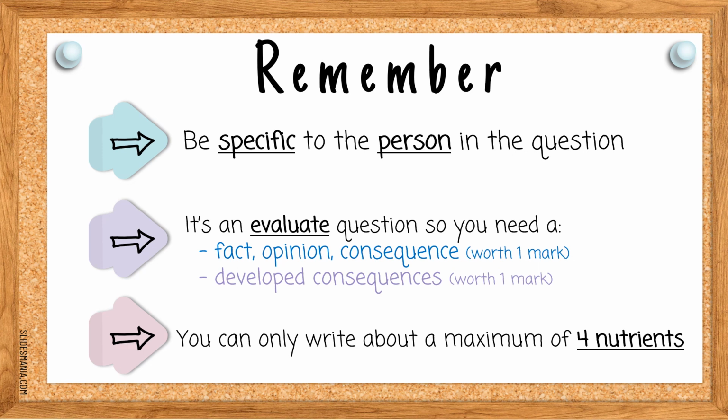So remember the question is worth 6 marks in total. You can either write about 4 different nutrients and then provide 2 developed consequences, or you can write about 3 nutrients and then give a developed consequence for each of those nutrients.